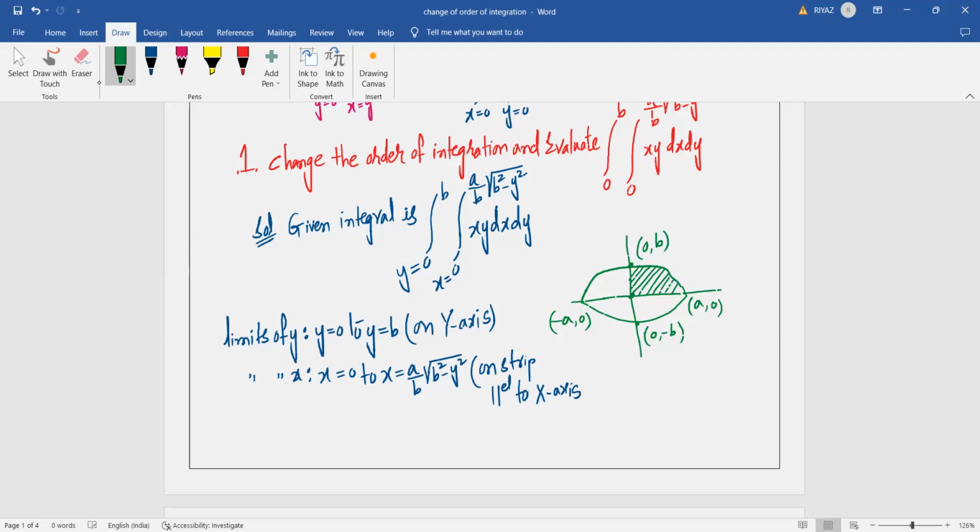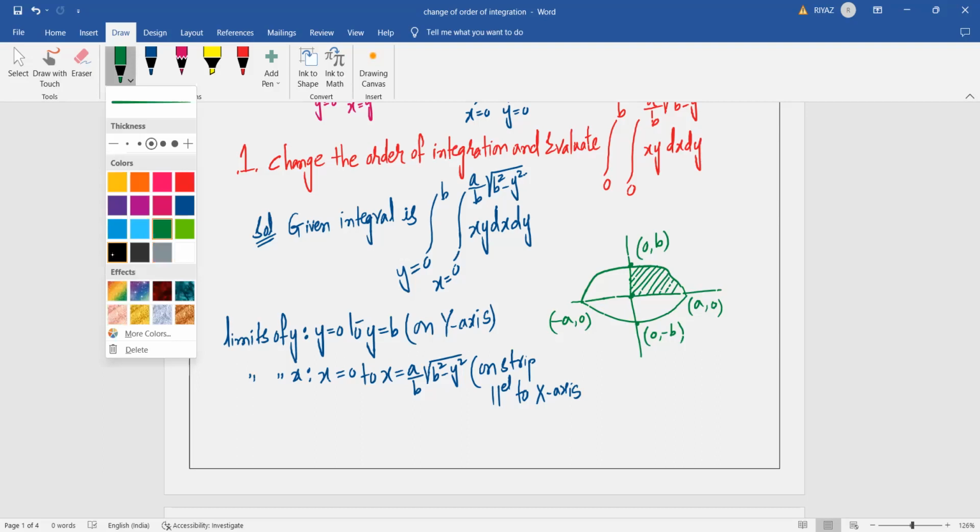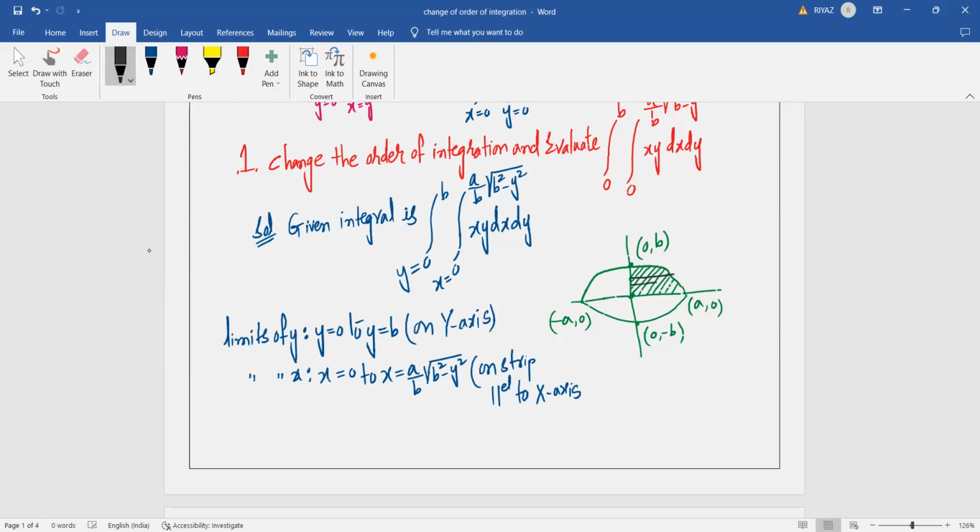Now we have to draw a strip. Let us use this color to draw this strip here. Okay, this is the strip. Sir, a strip should be parallel to x-axis. Yeah, it is written already here, parallel to x-axis. The function of y will be x is equal to 0, and y is equal to 0, of course.